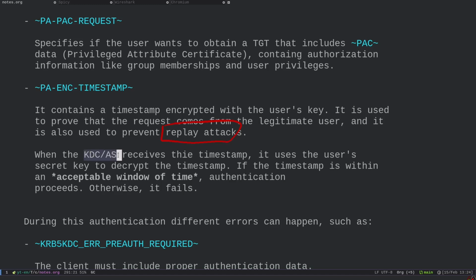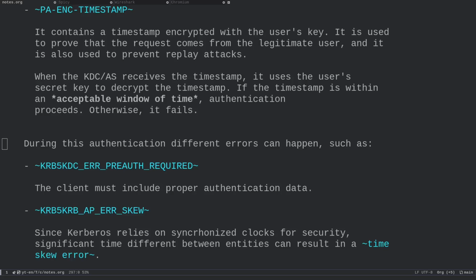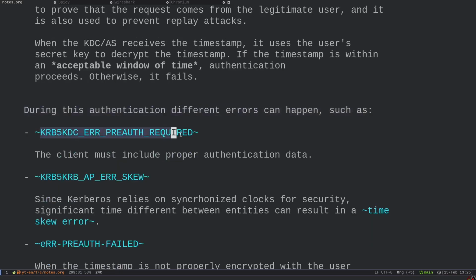When the KDC/AS receives the timestamp, it uses the user's secret key to decrypt it, and if the timestamp is within an acceptable window of time, authentication proceeds, otherwise it fails. During this authentication, different errors can happen, such as this one, KDC_ERR_PREAUTH_REQUIRED. This means that the client must include proper authentication data.